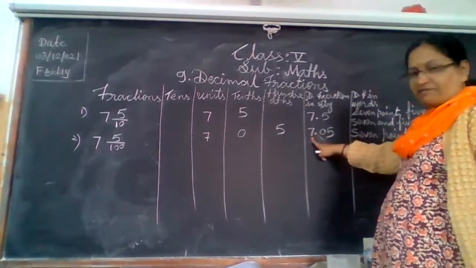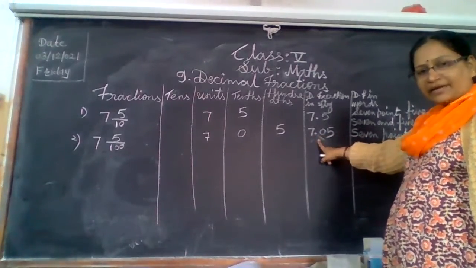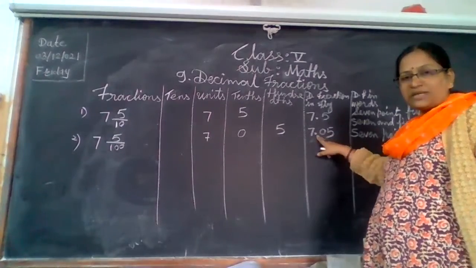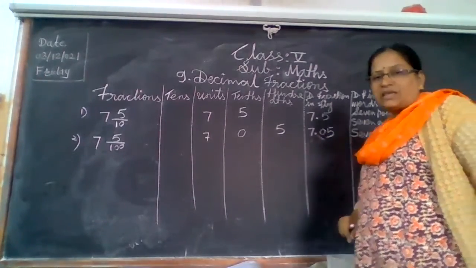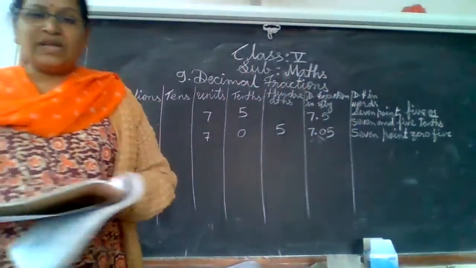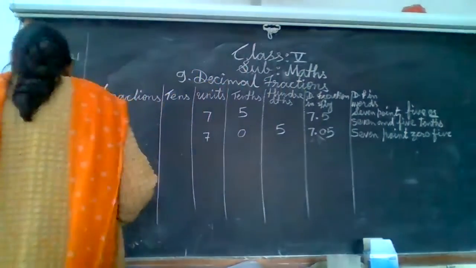You can read it as 7 whole number is over, and now say 5 is in the hundredths place. 7 and 5 hundredths.